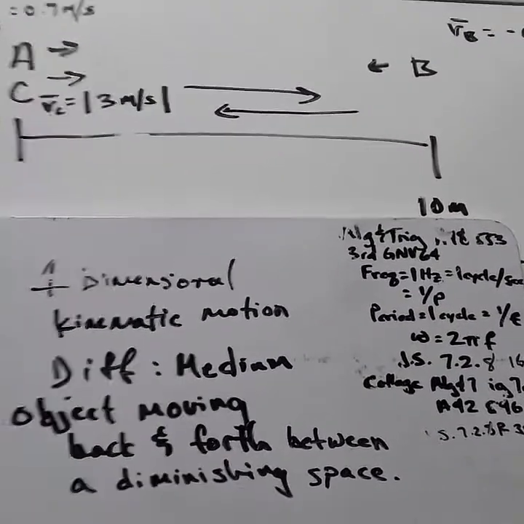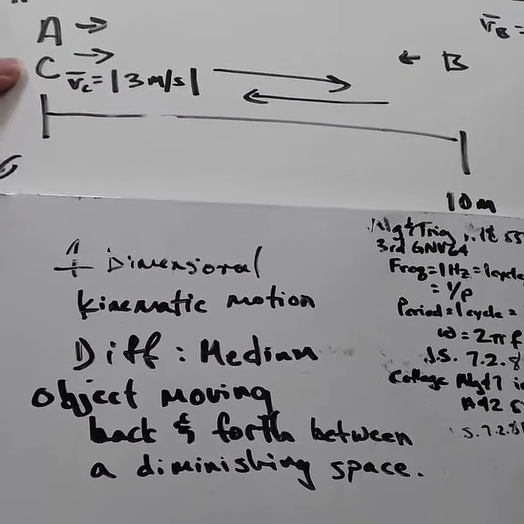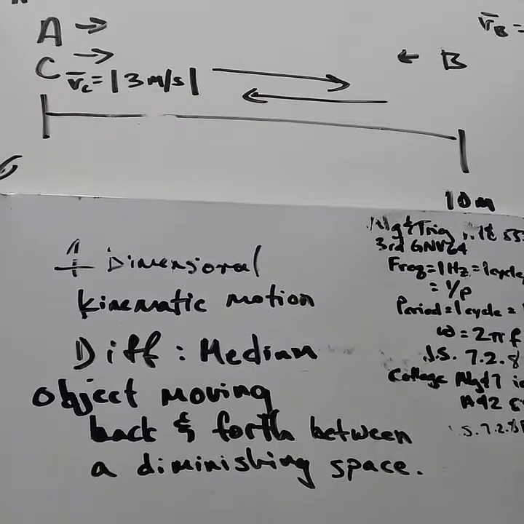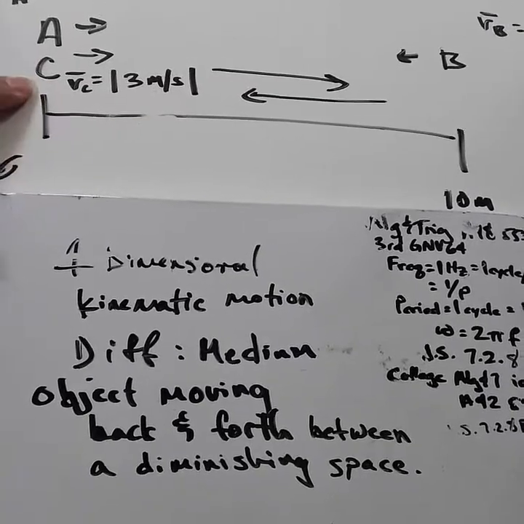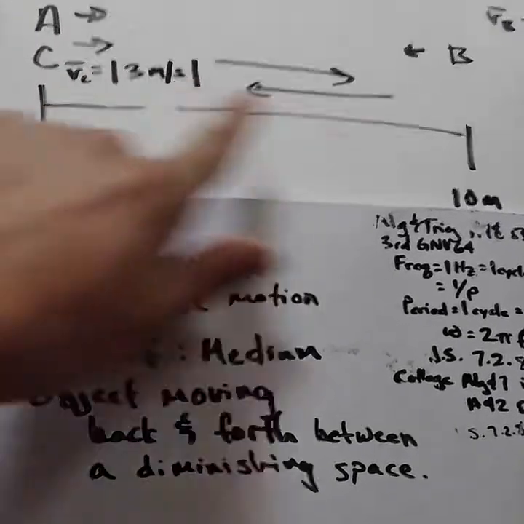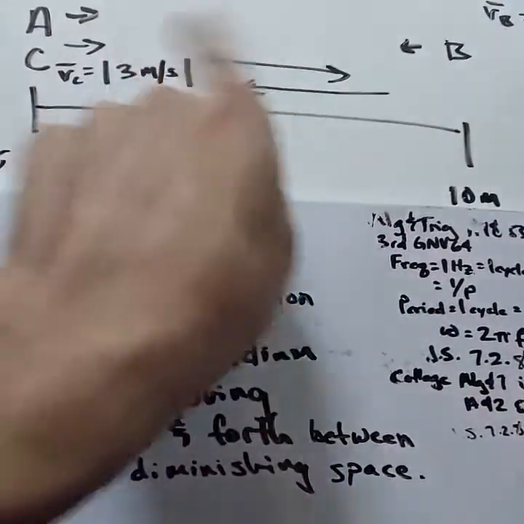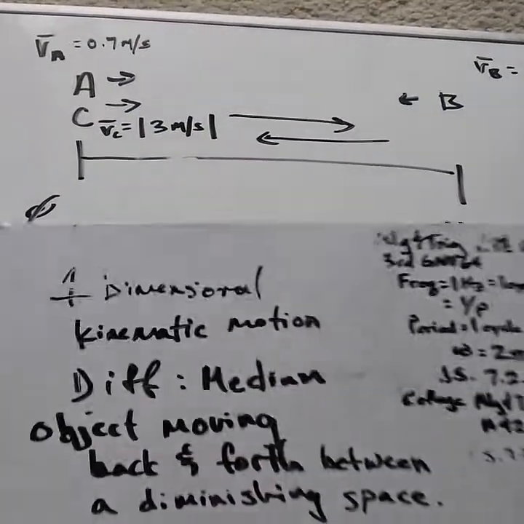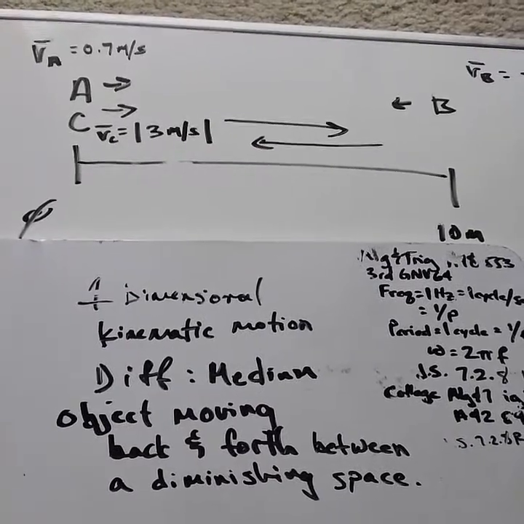And object C has a velocity of magnitude 3 meters per second. Now, the magnitude of a velocity is basically its speed. That just means that object C is going to be running back and forth with a speed of 3 meters per second. So the distance between them is 10 meters.